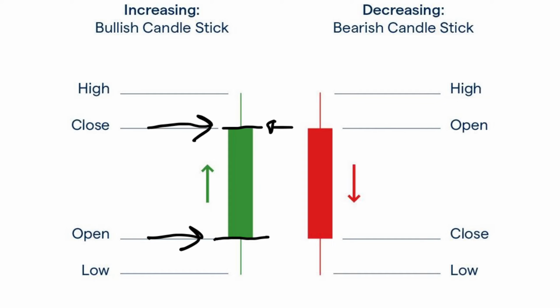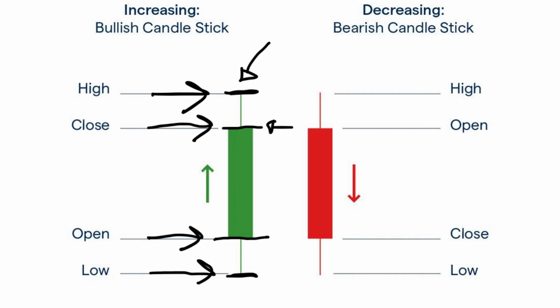The wicks, you can see the wick we have right here and down here, tell you the max and minimum point the price has been during the period. So for this green one, the absolute max price that we got during this period was up here, and the lowest price we got during the period was down there.